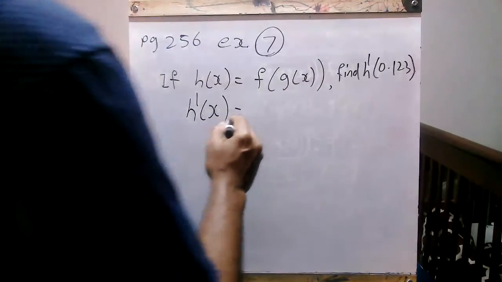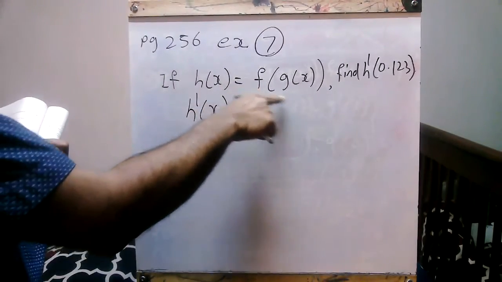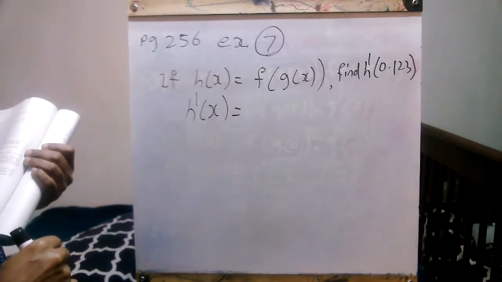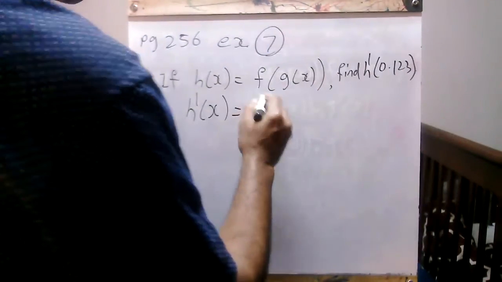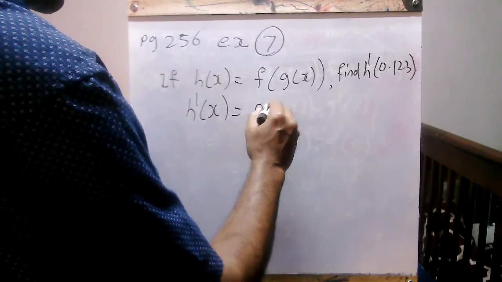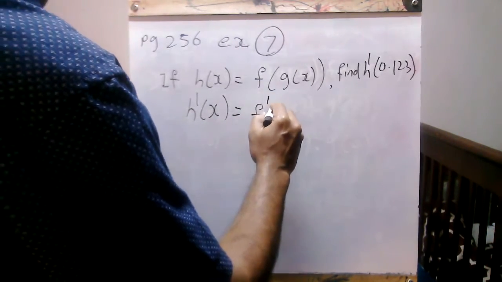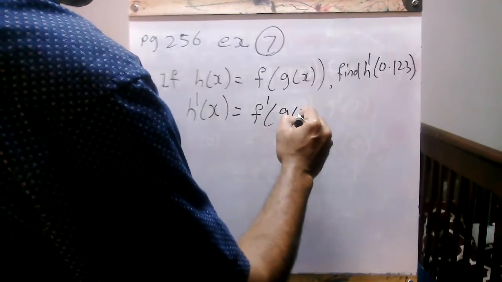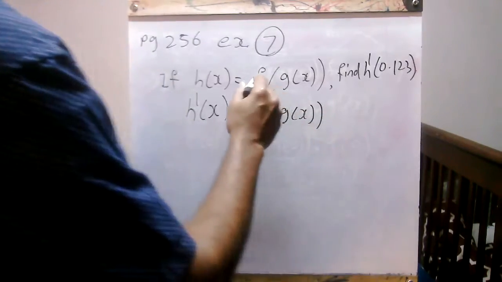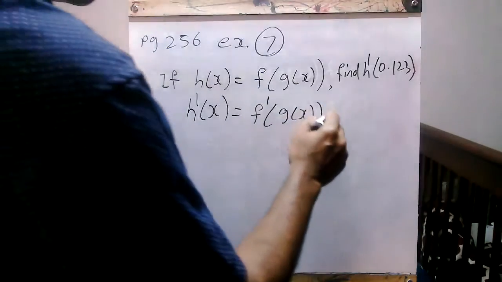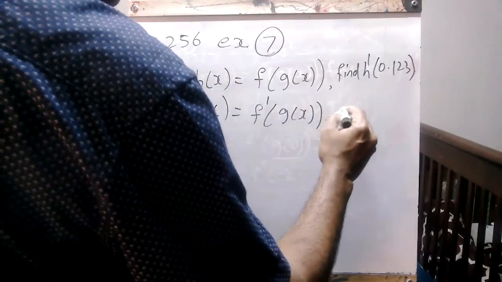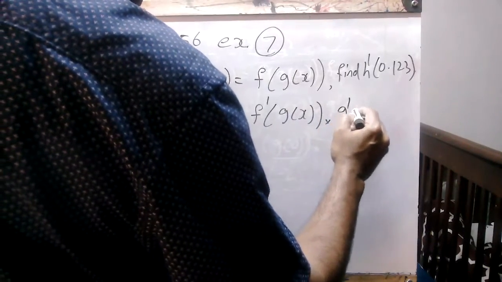Differentiate this again, since this is a composite function, we have to use the chain rule. First we differentiate f with respect to x, we get f' of g of x, then multiply this with the derivative of g with respect to x, which is g'(x).